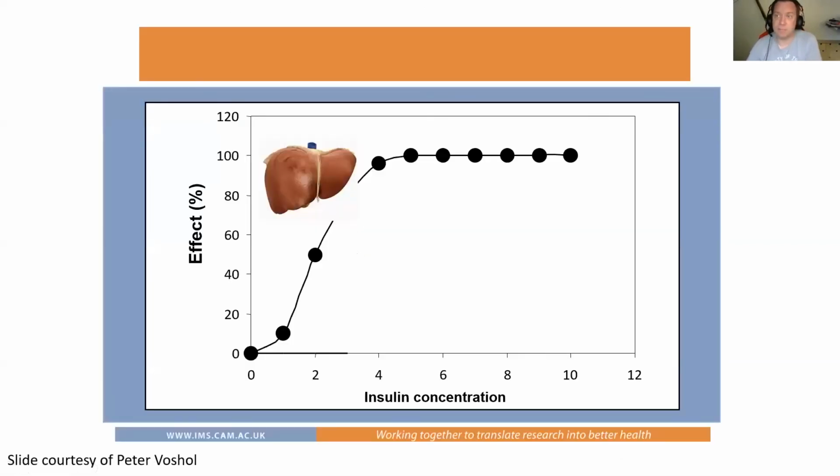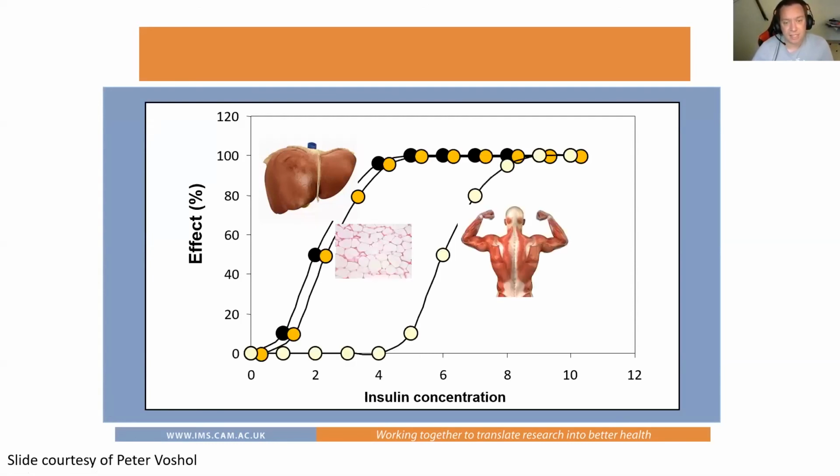The reason being able to measure these things is important is because we may need to select our insulin dose based on it. The effect of insulin on different organs is not uniform. What you will find is that the effect of insulin will max out at a lower concentration for liver and adipose tissue than for muscle.